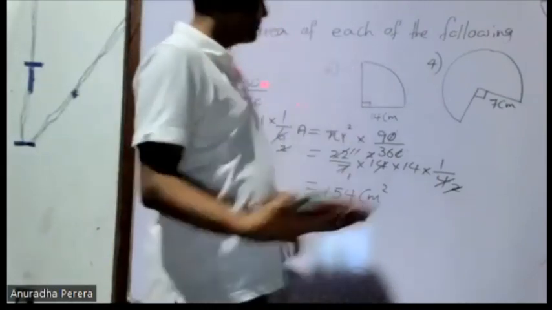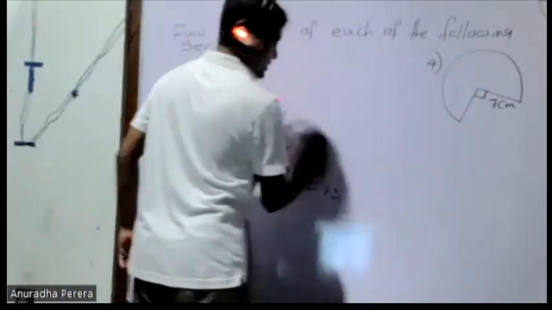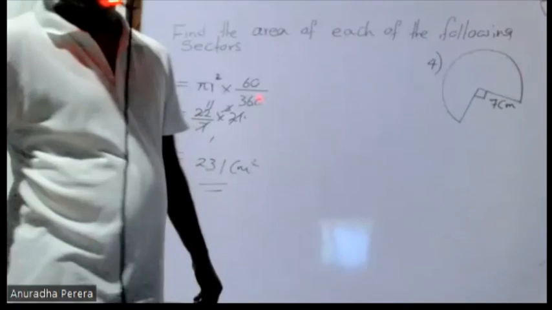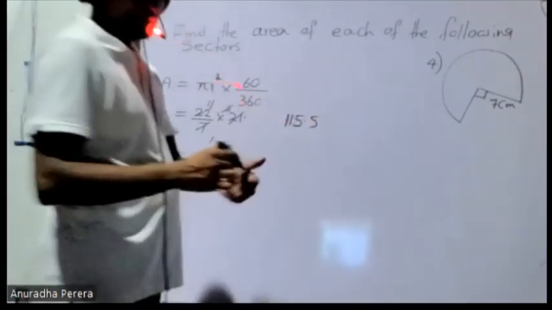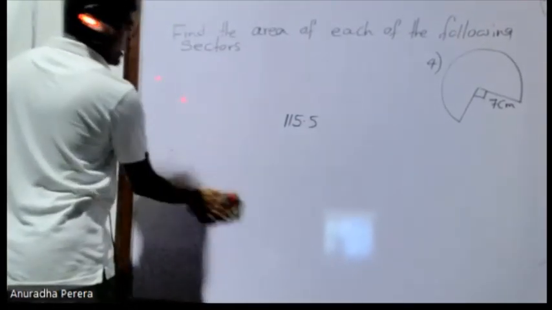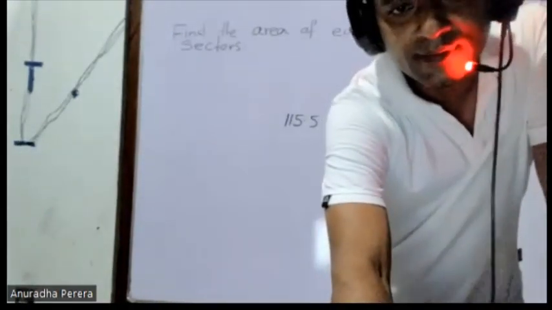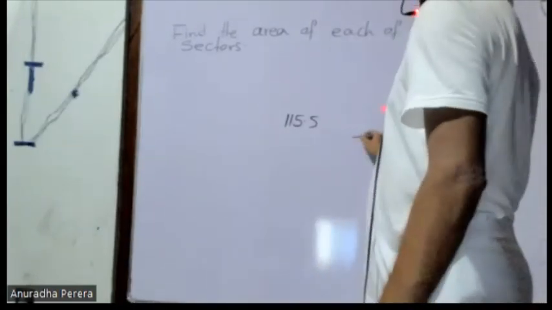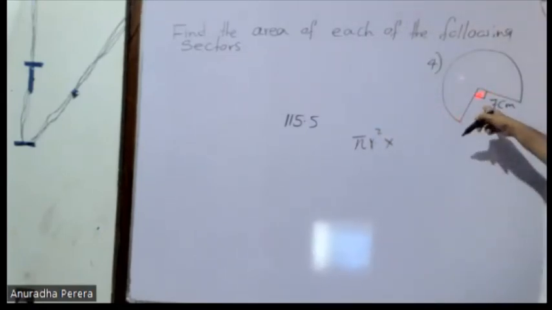What is the answer, son? 115.5 square centimeters. 115.5. Tell me other answers too. Yes. Pi r squared. Angle at the center, is it 90?